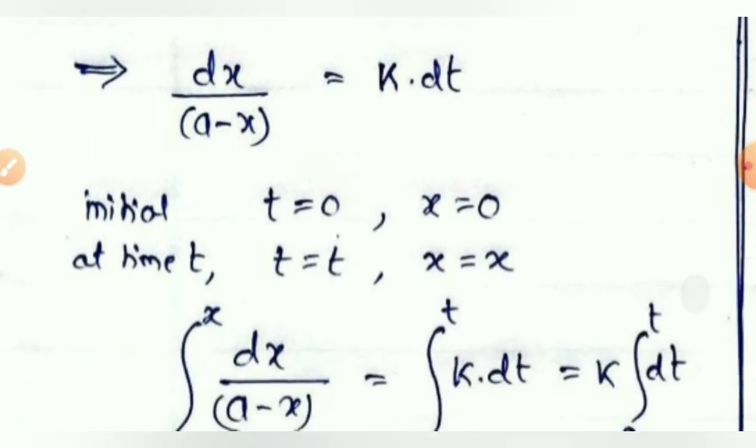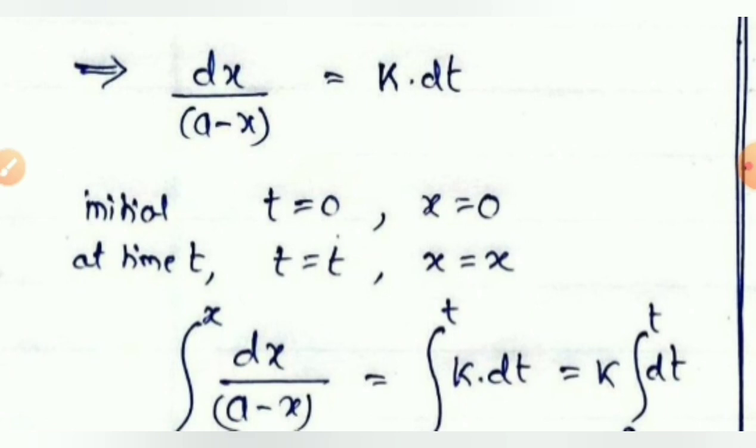Initially at t equal to 0, the value of x will be 0. Obviously, at the initial stage no conversion of reactant to product takes place, so x will be 0 at t equal to 0, and at time t the value of t will be t and the value of x will be x.